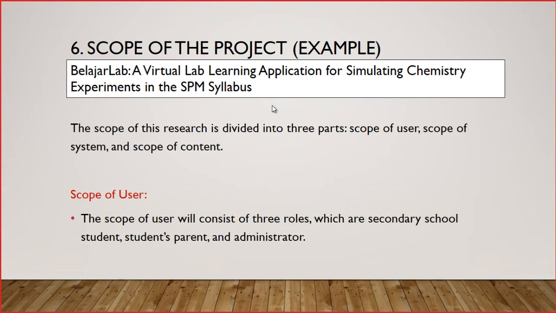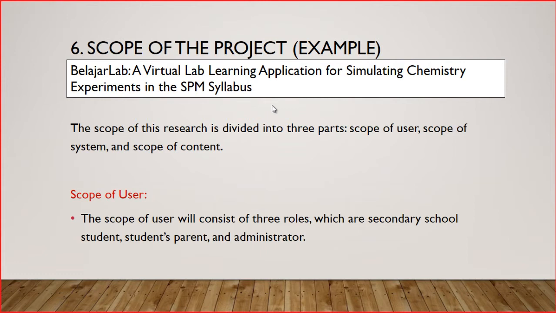Just a note here. It is compulsory for you to have at least 2 scopes: scope of user, who are the users, and scope of the system, so what does your system cover? Now scope of content. Because this project done by this student is a learning application, there is content to be learned, so there is a scope of content.